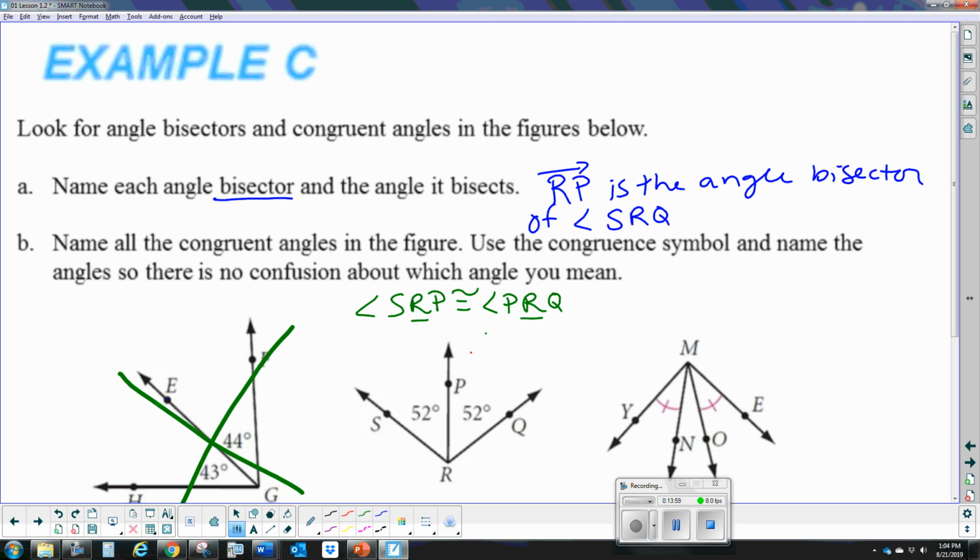And then in the last diagram, we have angle YMN is congruent to angle OME. And for both of these, M should be in the center. So we're saying this angle is congruent to this angle, and you can see that by the congruent markings.